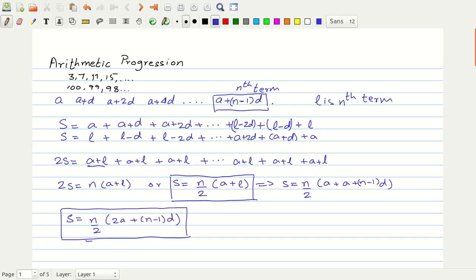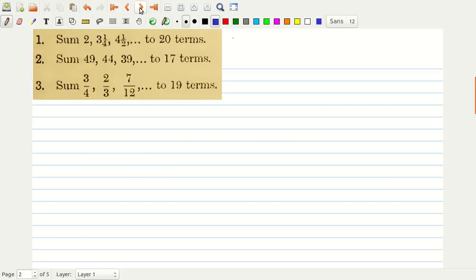Now once we know this, let us go through all the problems in a very fast way, because all these problems are a straightforward application of the formulas. So let us look at the first problem. This is an arithmetic progression, and they are saying that you add it to 20 terms. First we have to find what A is.